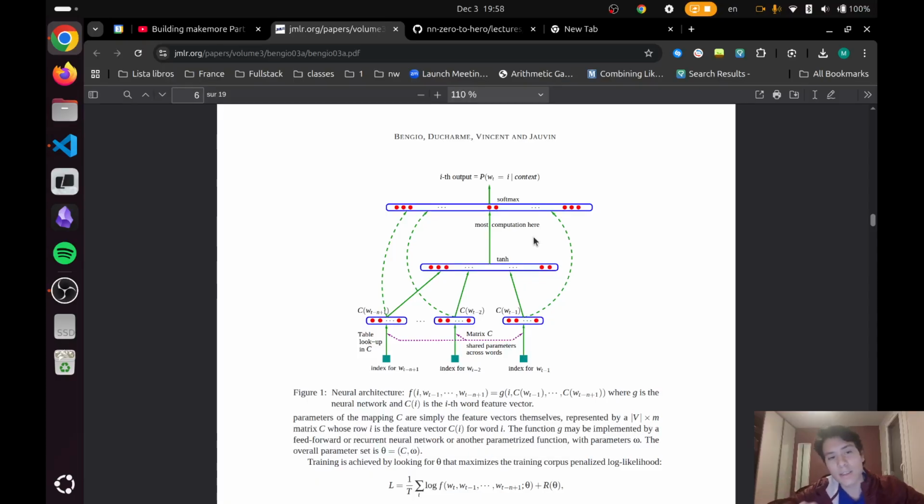That's it. So here, instead of using a bigram, we are using a trigram. No, like 4 elements, because we are using 3 characters in order to predict the 4th character. Although in this paper they use words instead of individual characters, but the idea remains the same.